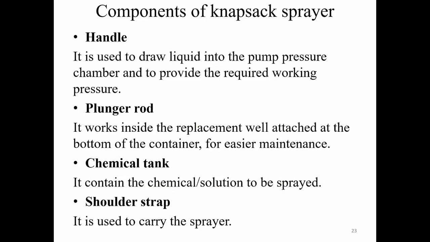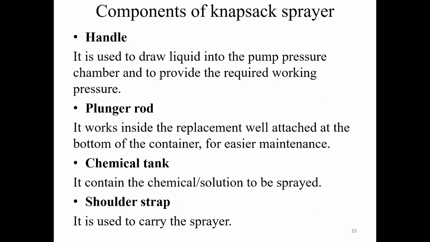Okay, these are the parts and function of each part in knapsack sprayers. The first one is handle. This one is normally used to draw the liquid into the pressure pump. Here we are giving our force to the handle.